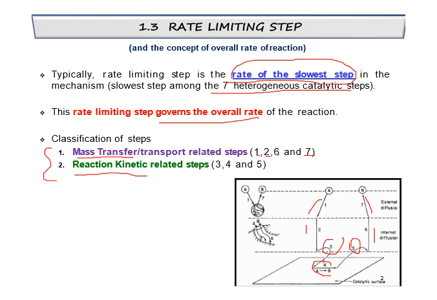Step number 4 is the surface reaction. And step number 5 is the desorption of product from the catalyst surface. So steps 3, 4, and 5 are the reaction kinetic steps.